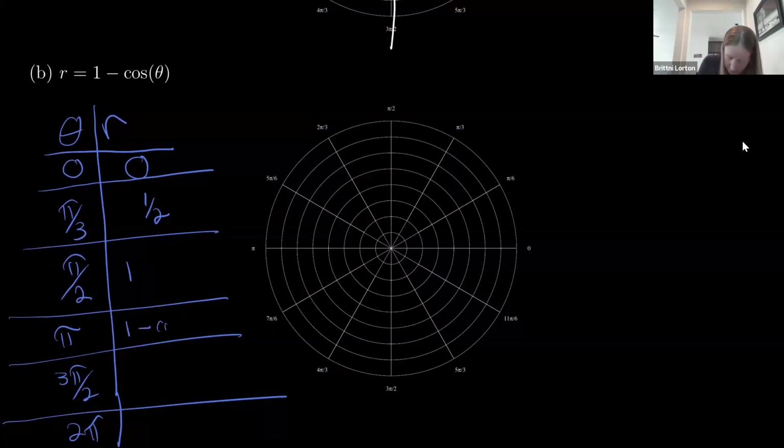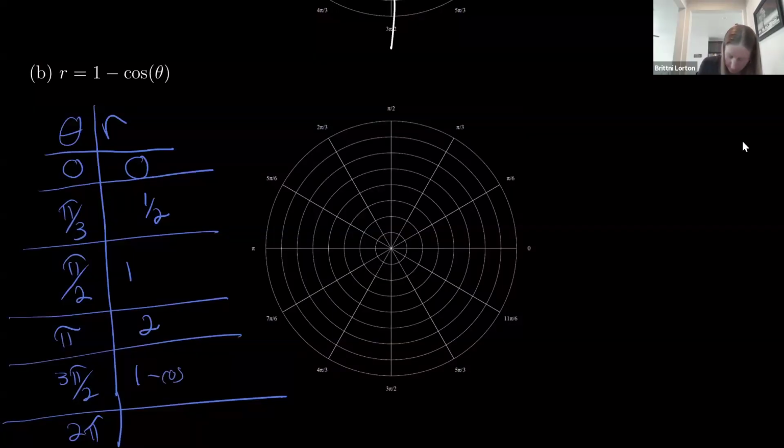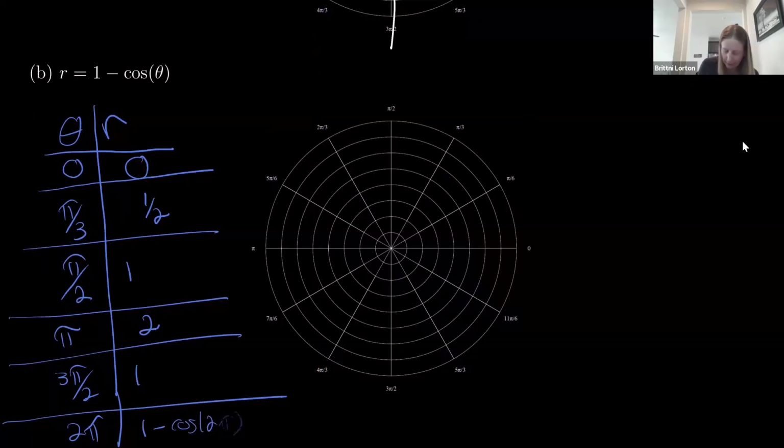Then pi: 1 minus cosine of pi, but cosine of pi is -1, so 1 minus -1 is 2. 3 pi over 2: cosine of 3 pi over 2 is 0. And 1 minus cosine of 2 pi, cosine of 2 pi is 1, so 1 minus 1 is 0. I should have probably done more, and I'll show you how to do all of this in your graphing calculator to help you out.